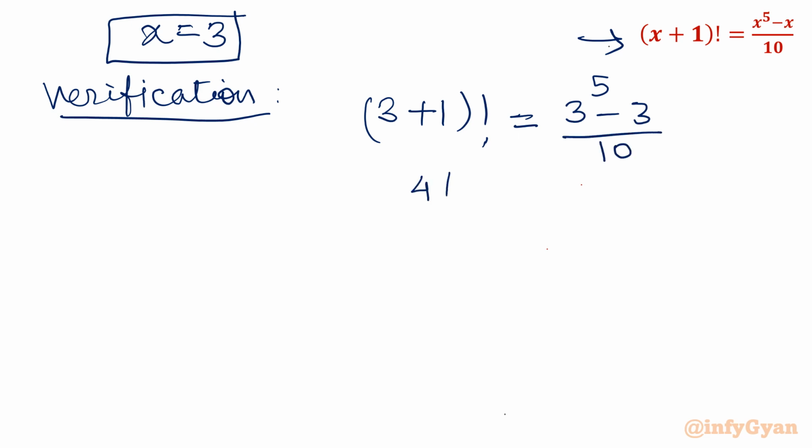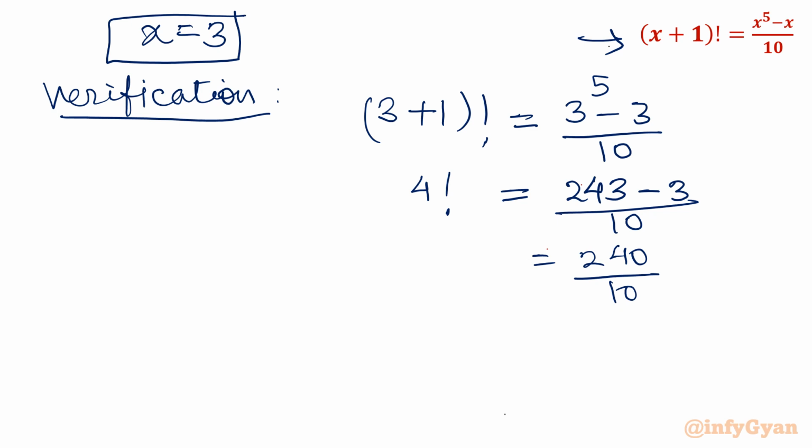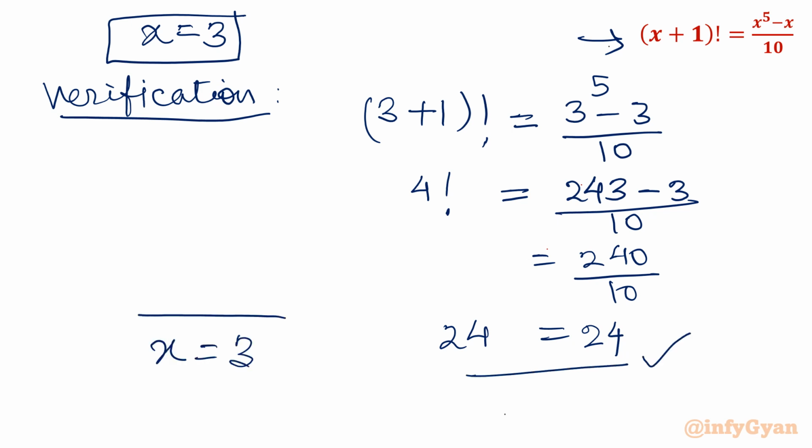So it will become 4 factorial. 3 power 5 is 243. 81 times 3, 243 minus 3 over 10. So it is 240 over 10. So it is 24. LHS is 4 factorial, which is 24. True. That means x equal to 3 is our true solution for the given equation.